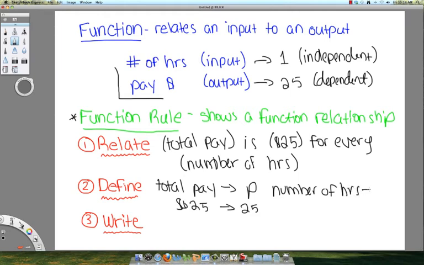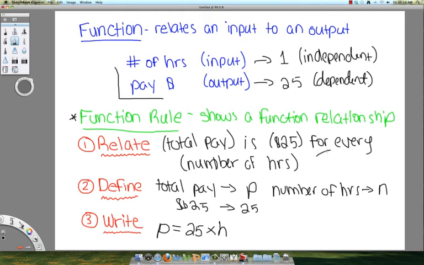It's always going to be changing. Let's give it H, number of hours. So now we have our 3 things for writing our equation. So in our equation, we have the total pay, P, equals 25 times the number of hours, H. Now, we have total pay is 25 for every number of hours.